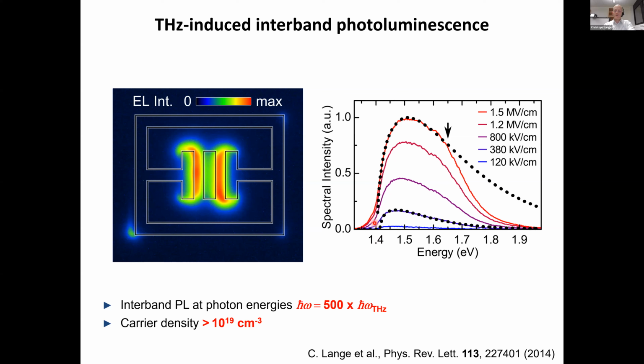1.42 electron volts would be that band gap energy, but then we inject carriers up to 1.9 electron volts, which leads to a carrier density in this case of more than 10 to the 19th per cubic centimeter. So sizable carrier density injected by the Zener tunneling process with photon energies that are just 1/500th of the highest energy photoluminescence photons that emerge then from the structure.